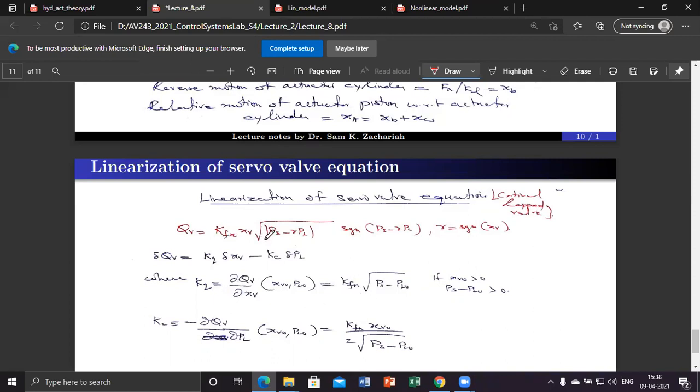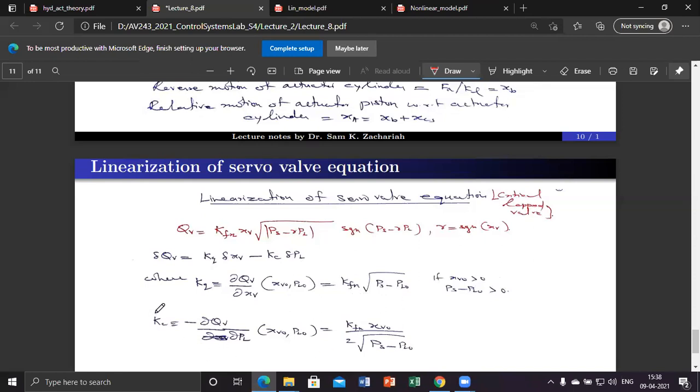Here I have removed the magnitude because PL0 is a given value and an operating point that will be well within the acceptable range, so there is no problem. We also assume XV is greater than 0, because for a given XV0, gamma is the sign of XV. So if XV is greater than 0 and PS minus PL is greater than 0, this equation is valid.